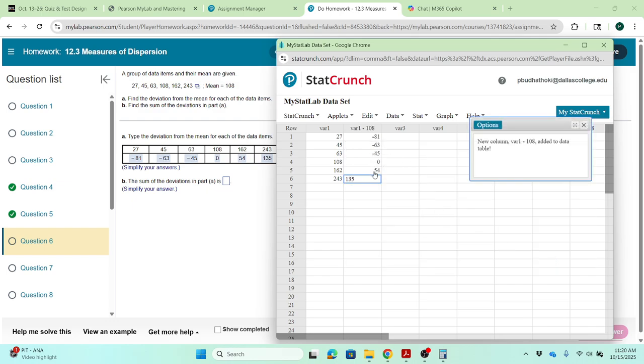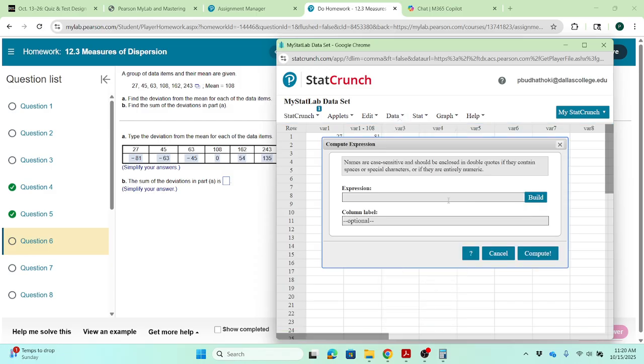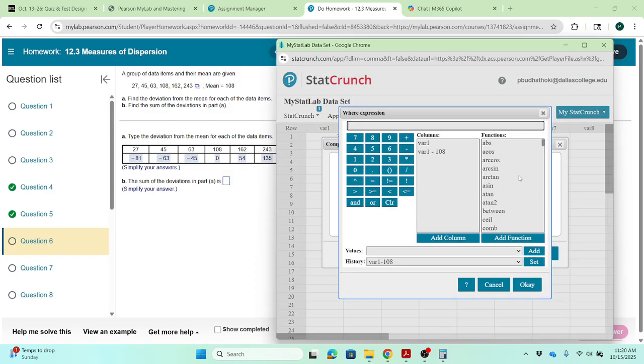It's going to give you the differences, as you can see here, negative 81, negative 63, and so on. Now you would like to add this column. How do you do this? Go back to Data, Compute, Expression, and then build the expression. There is an inbuilt function named sum.